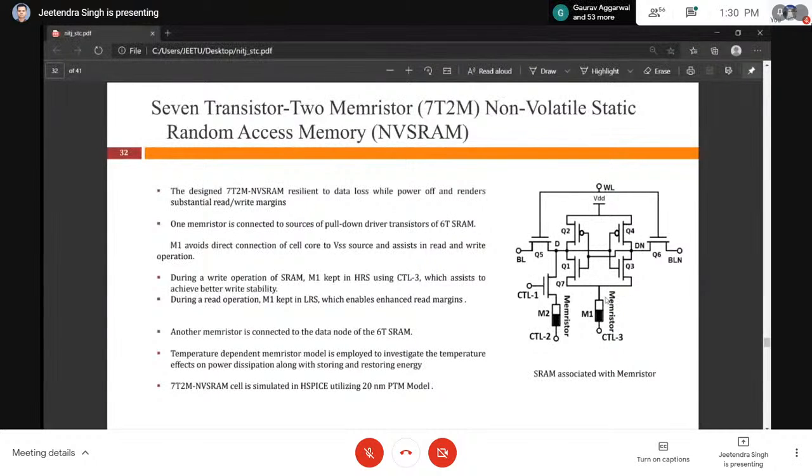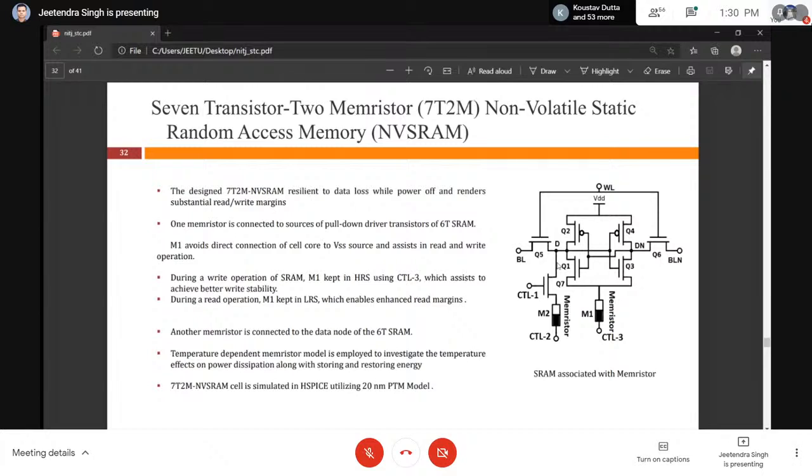When we perform the write operation, it is kept in the high resistance state, and when we perform the read operation, we keep it in the low resistance state with the help of the control 3. This node is connected with another memristor.